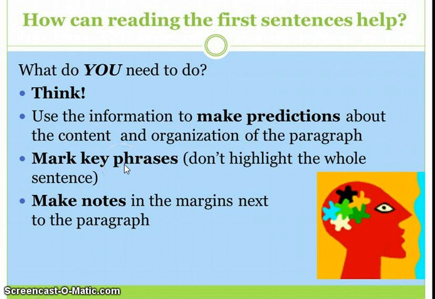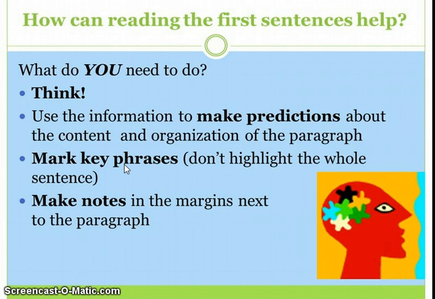The text is so long, so we want to mark what's important. So that if we look and we say, okay, what was important? The survey, drug use, however, those kinds of things we want to mark. We don't want to mark the whole sentence. And the other thing we can do is to make some notes in the margins next to the paragraph.